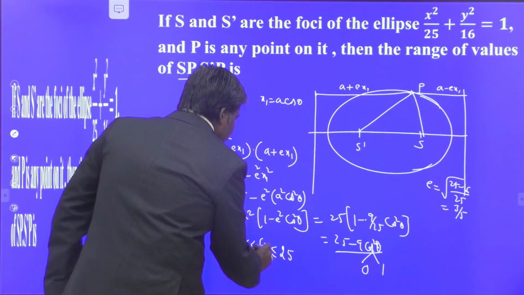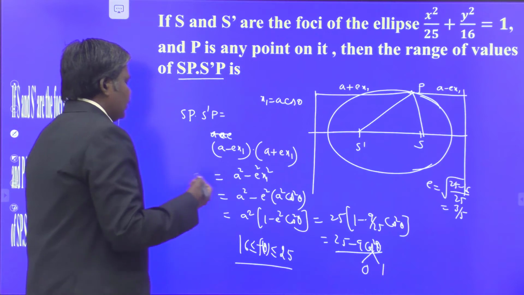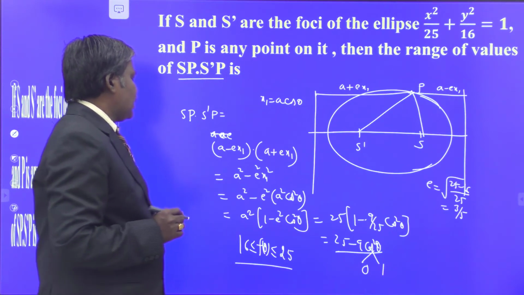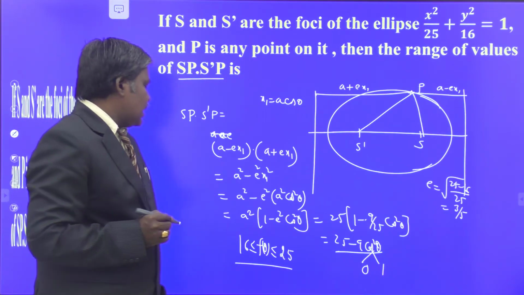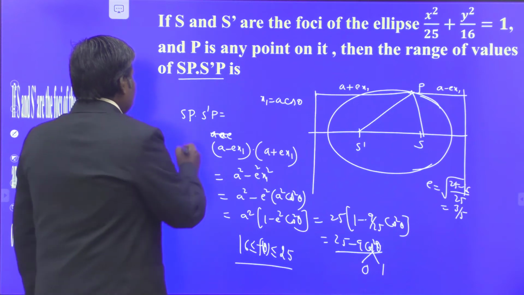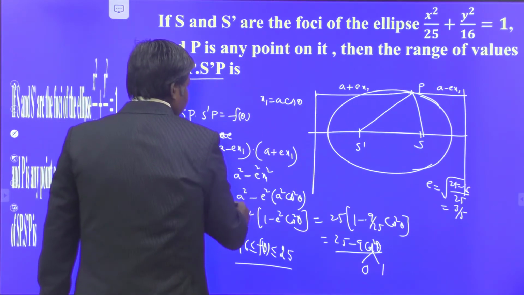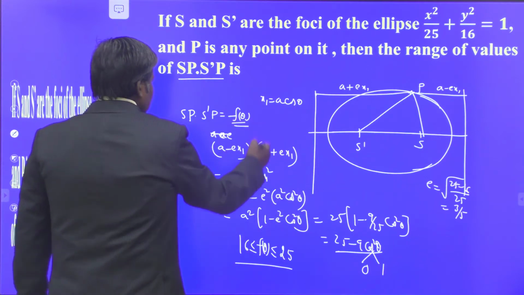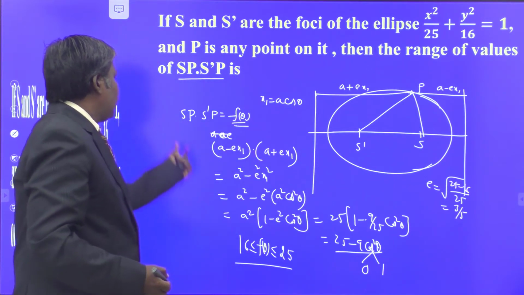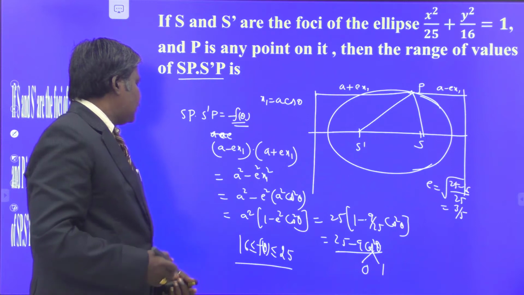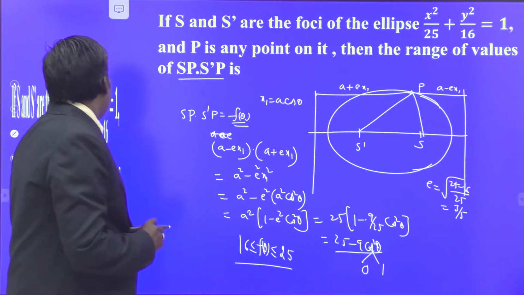You may take that expression as f of theta, because it is a function of theta. We have the condition 16 less than or equal to f of theta less than or equal to 25. So our value SP into S dash P lies between 16 and 25.